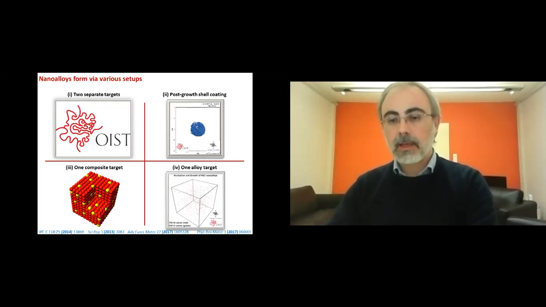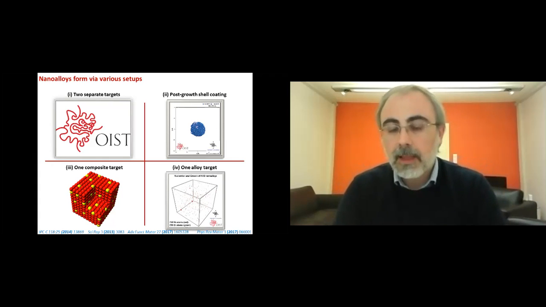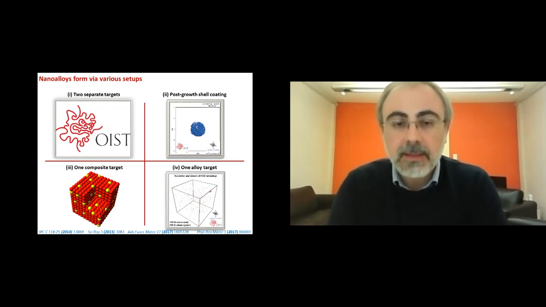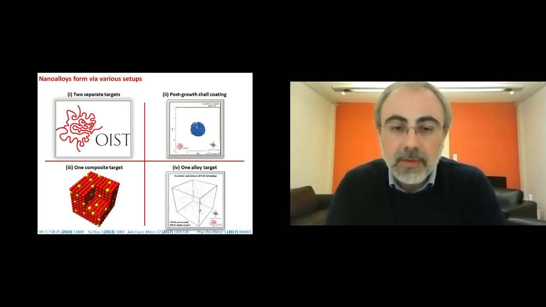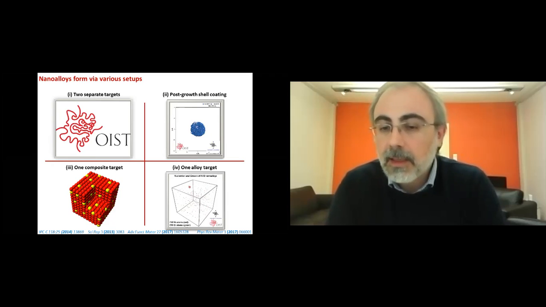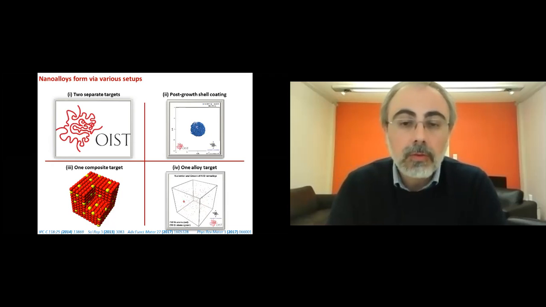And finally, there is the case of nickel chromium. This is using an alloy target, and the simulation setup is very similar to the one I showed you for silver and silicon on the top left side of this slide. The main difference here is that the two types of atoms like each other, so they grow together.